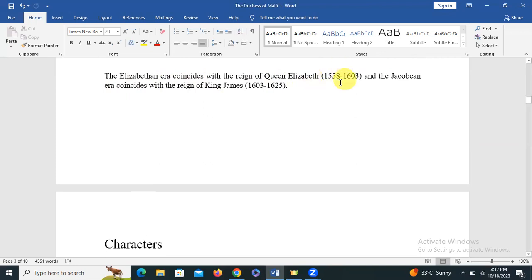So the literature which was written during her time, from 1558 to 1603, that era is known as Elizabethan era, and then the Jacobean era is from 1603 to 1625.